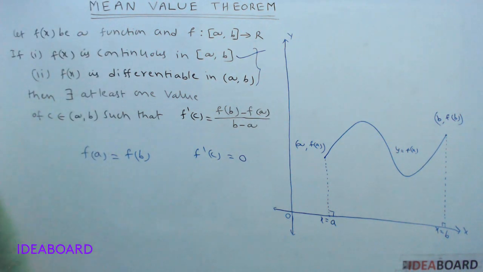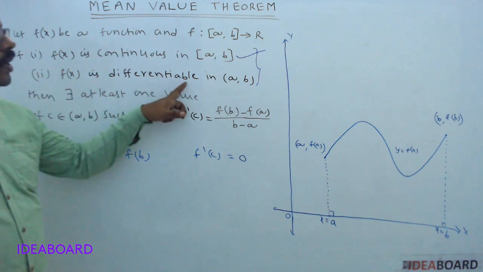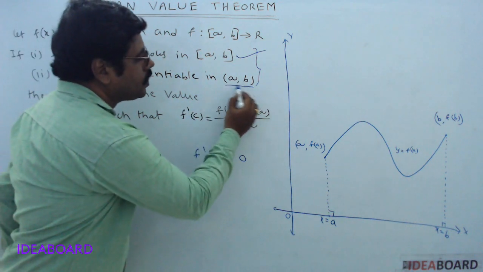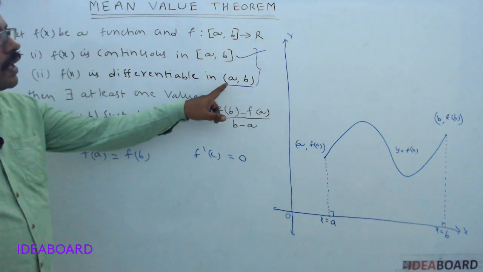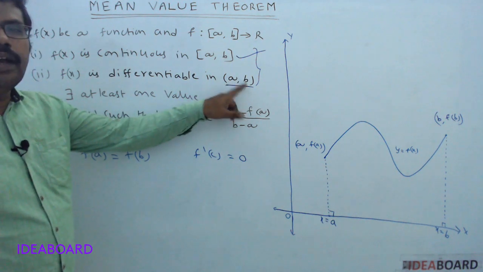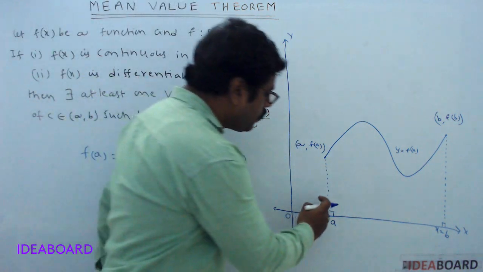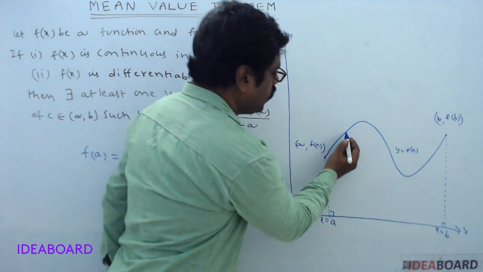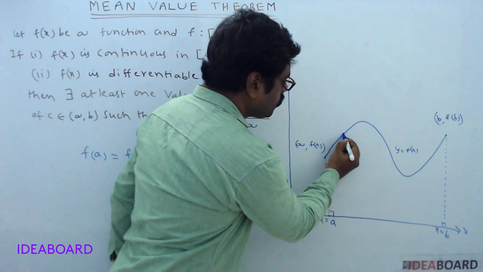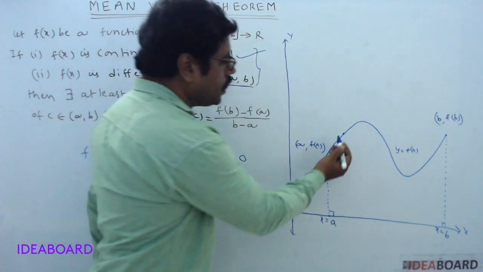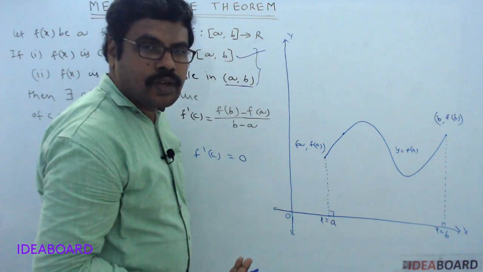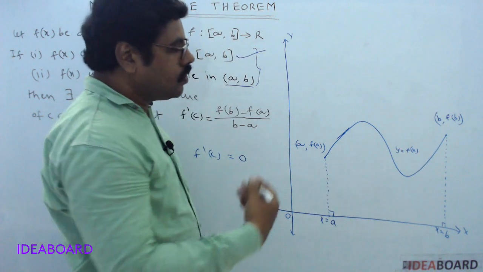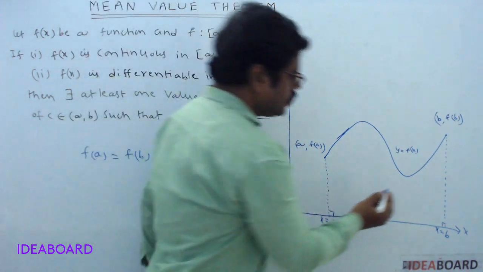What is the second condition? f(x) is differentiable in the open interval (a, b). Open interval (a, b) means excluding a and excluding b. Now between a and b, take a point on the graph. At this point, how many tangents can you draw? Only one tangent. Now take one more point on this graph.